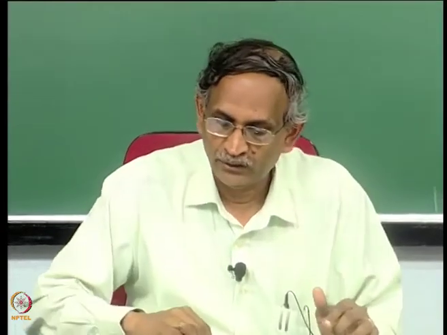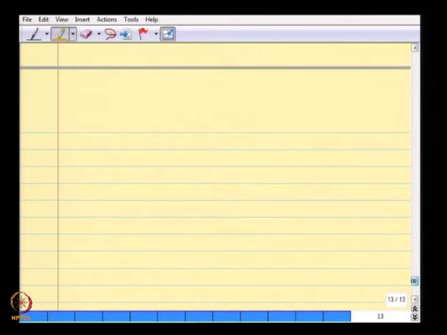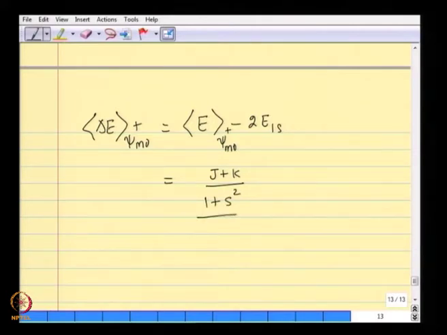If you call that delta E plus, then we can write this as delta E of psi MO plus. If we have to do that, that is E average minus the 2 E1s, and that is given by J plus K by 1 plus S square. Okay.